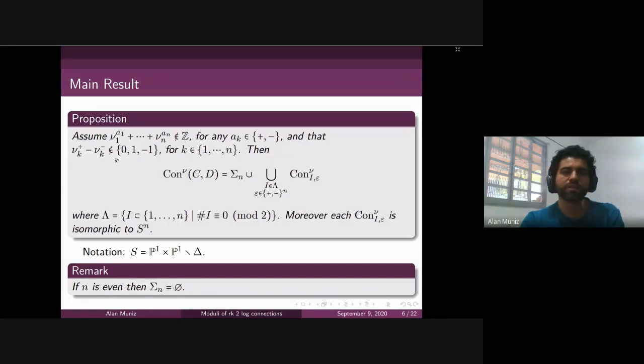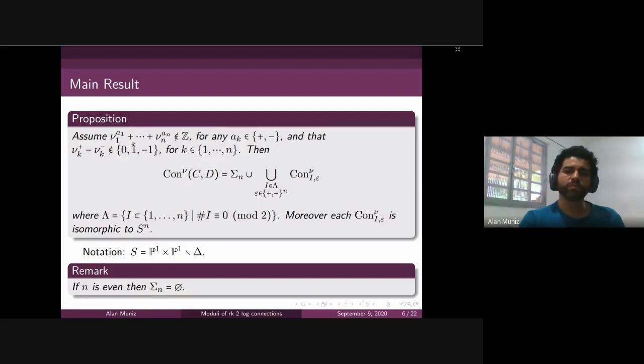The genericity condition that I'm assuming is this one: the sum of the eigenvalues, taking either the plus or the minus eigenvalue, cannot be an integer, and the difference between two eigenvalues of the same residual cannot be 0, 1, or minus 1 for any k.